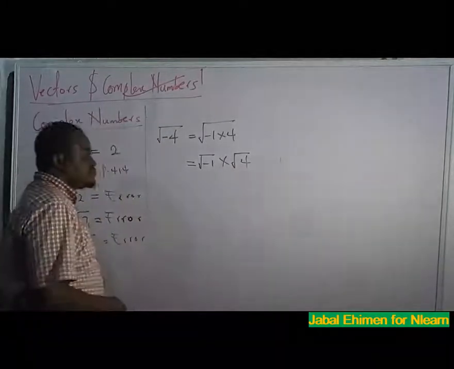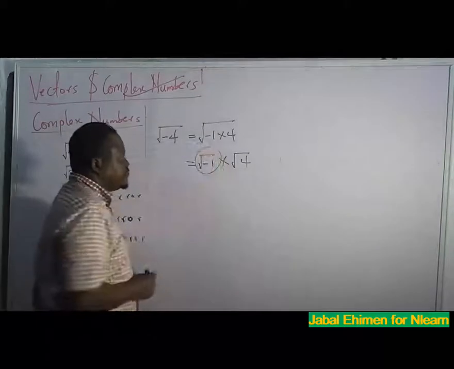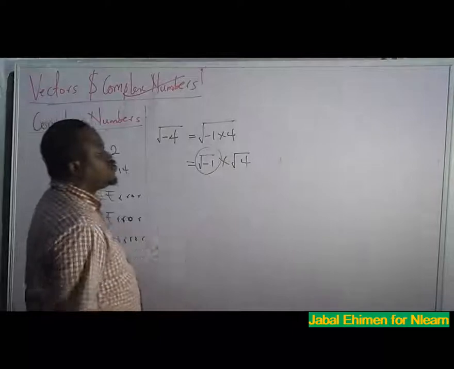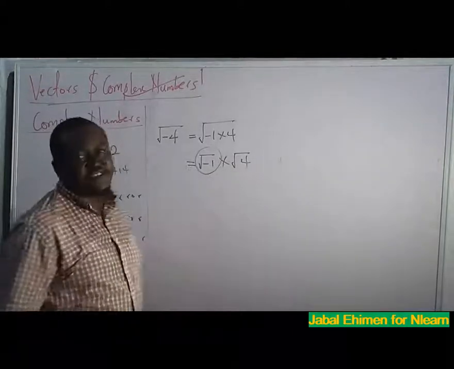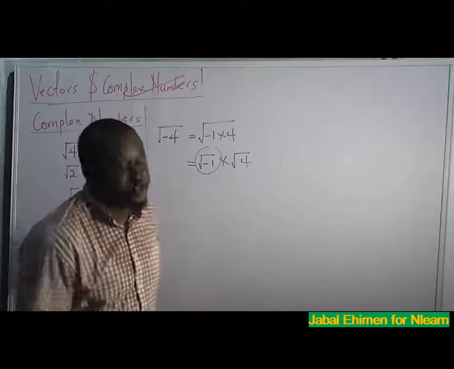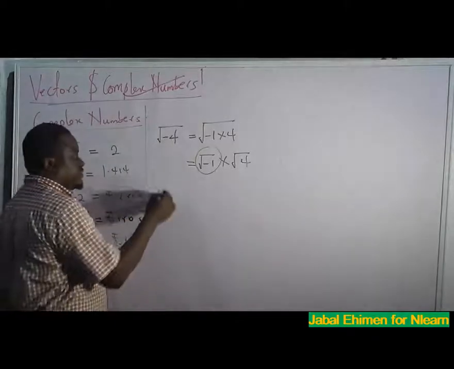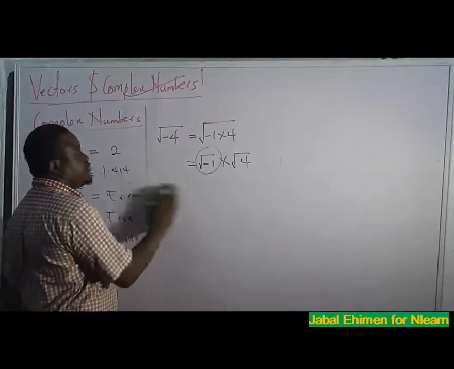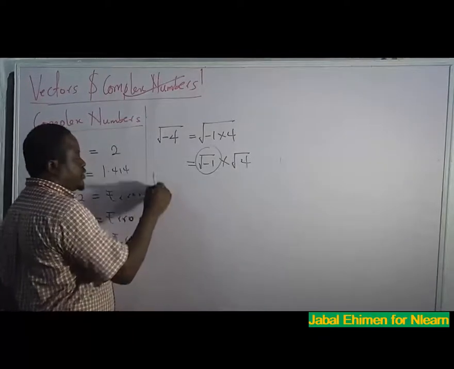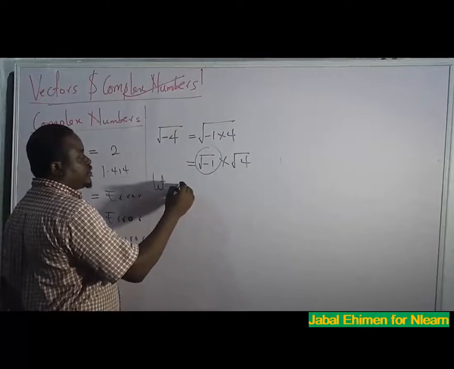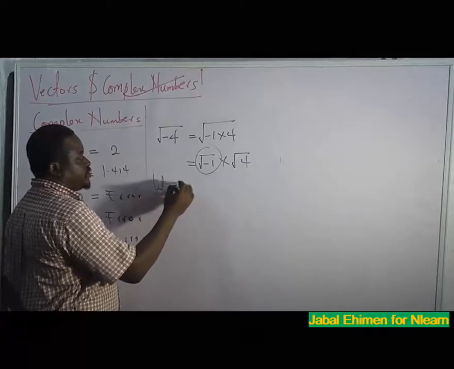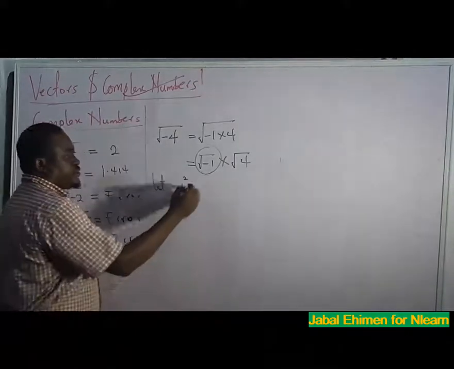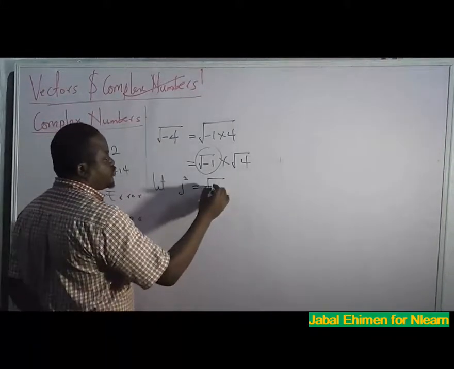But this thing is still a problem, it's still constituting a nuisance. So because it's a problem, you have to represent it with something else. What do you represent it with? Let your value j squared be equals to root of minus 1.